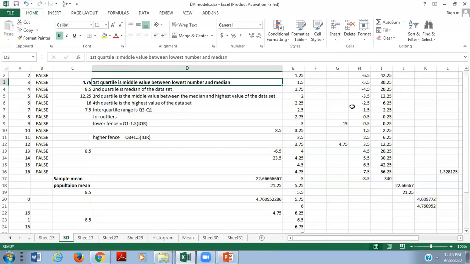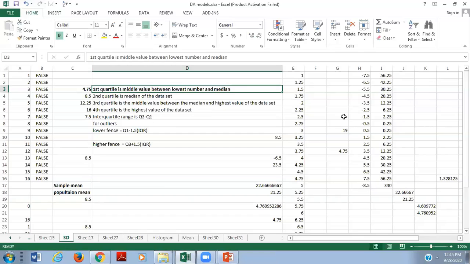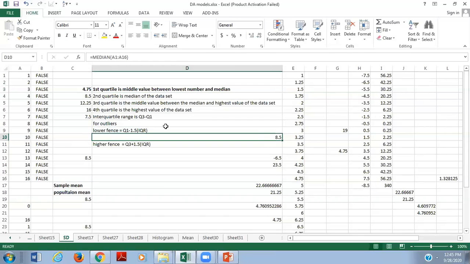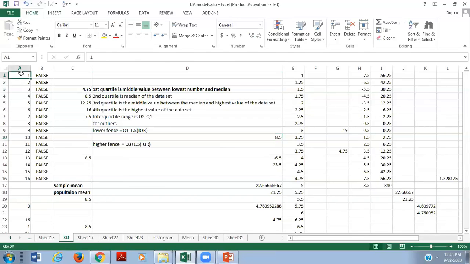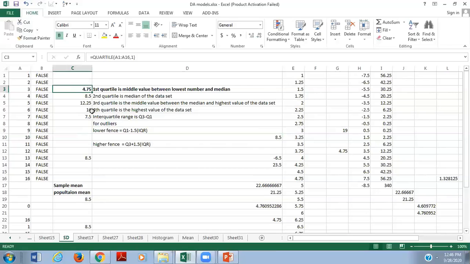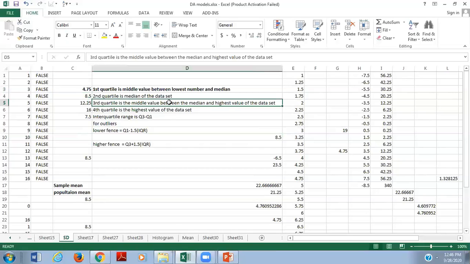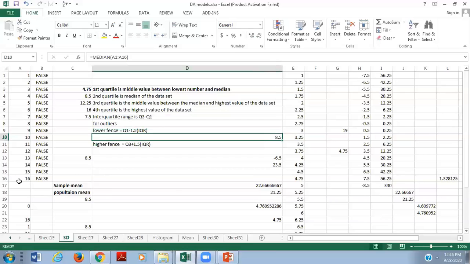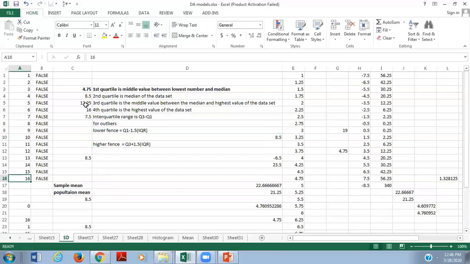So in our example, the median is 8.5. So the value between 1 and 8.5 is 4.75, right? And the third quartile is what? The middle value between the median, that is 8.5, and the highest value, that is 16. So it is 12.25, right?